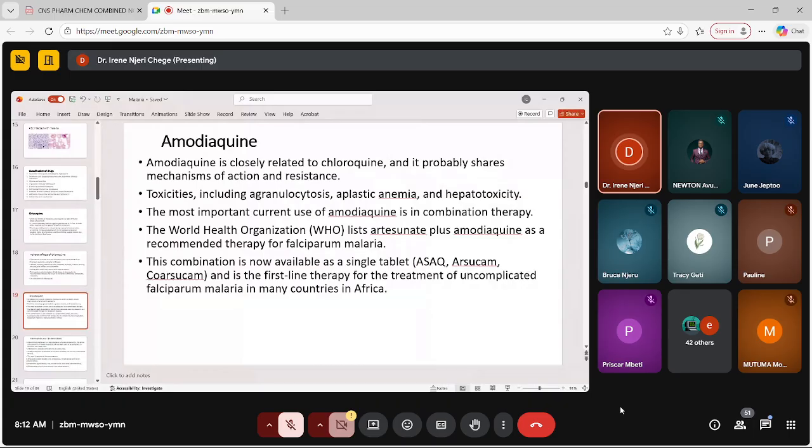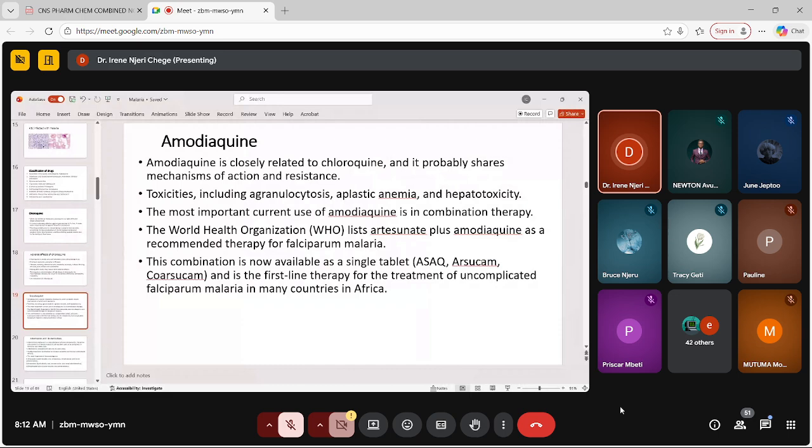And then it has analogs: artesunate, water-soluble; artemether, a lipid-soluble drug; dihydroartemisinin, a water-soluble oral drug. So depending on how it is soluble and how it's administered, you can have other analogs of artemisinin. I hope we're together.